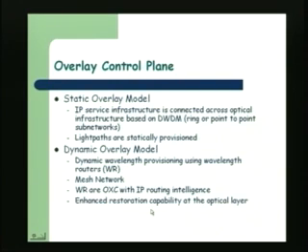Now, let us look at the overlay model. There are two possibilities in the overlay model. Either you can have a static overlay model, or you can have a dynamic overlay model. In the static overlay model, the light paths are statically provisioned, and in the dynamic overlay model, wavelength provisioning using wavelength routers is used, and wavelength based routers are essentially nothing but optical cross connects, and they may have IP routing intelligence. So the two separate distinctions are there.